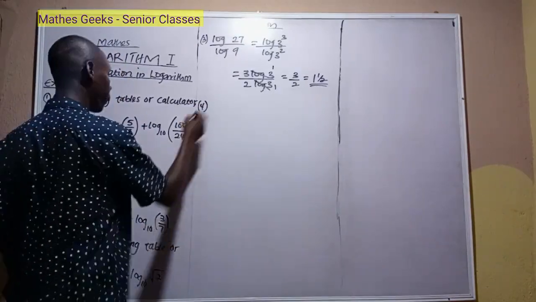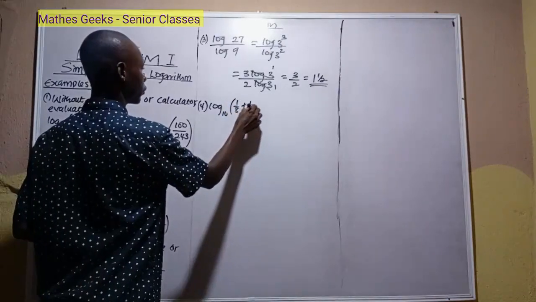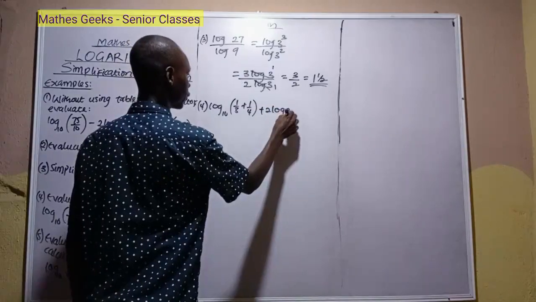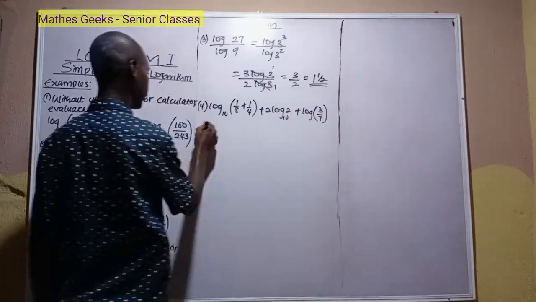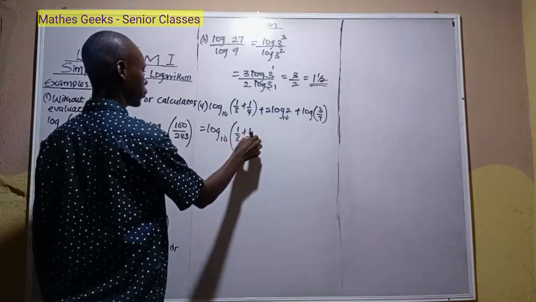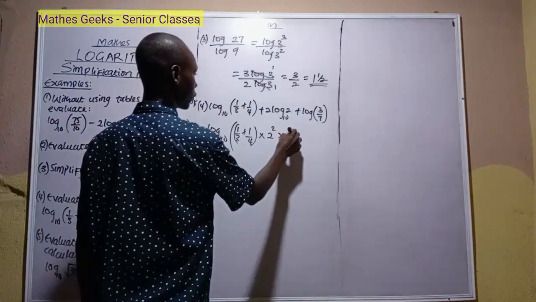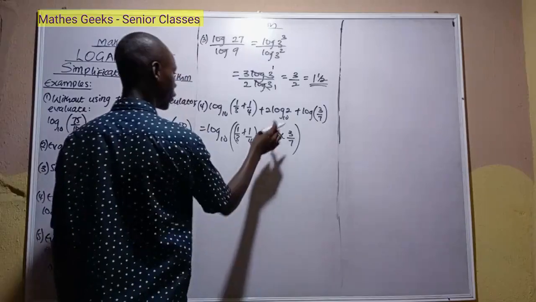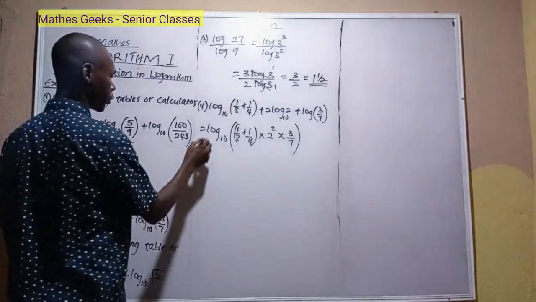Number 4. Over 4 plus 2 log 2 plus log 3 over 7. So we multiply all through because we have addition all through here, and this will give us.